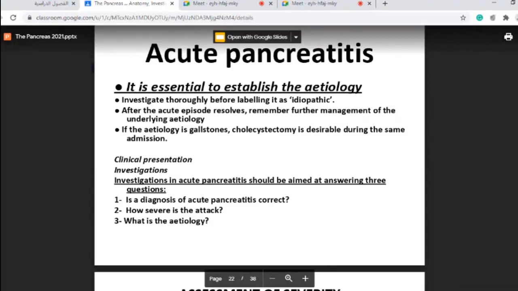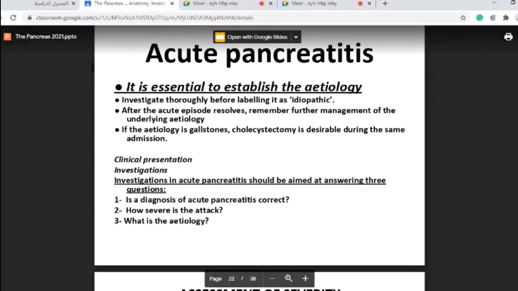Always, my dear students, if we have a patient with pancreatitis, an inflammatory process, or maybe a malignant disease, we should investigate the severity of the condition. Regarding malignant disease, we should investigate the staging of the tumor to know how to treat the patient and to know the prognosis.